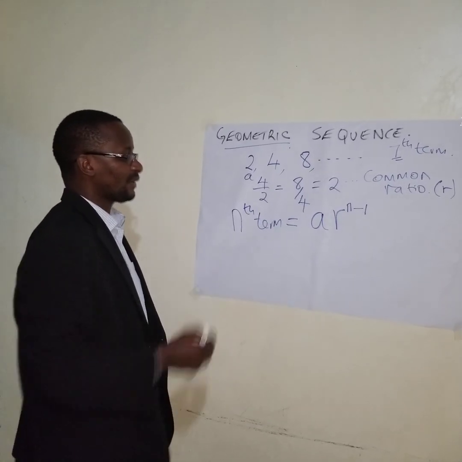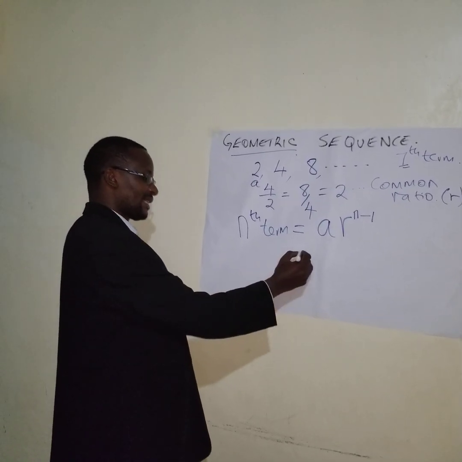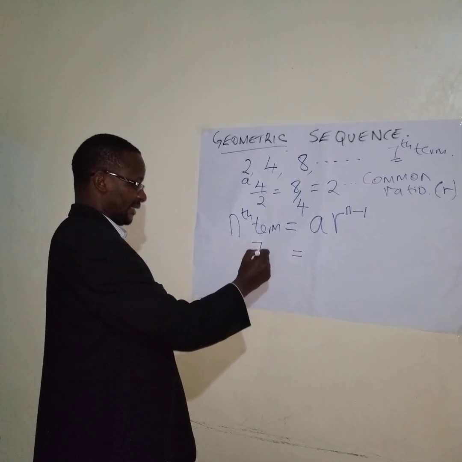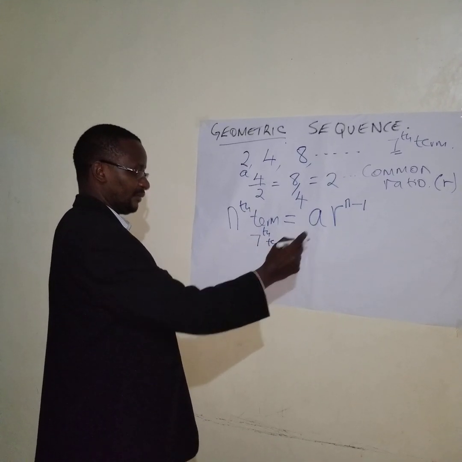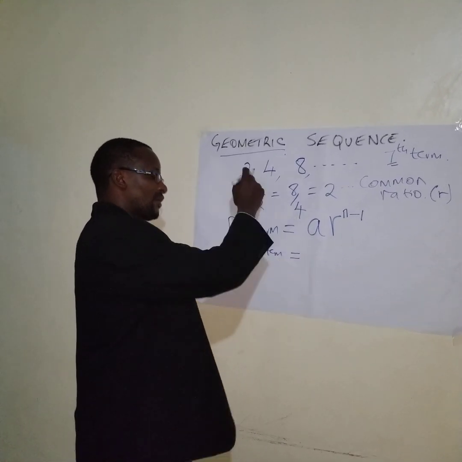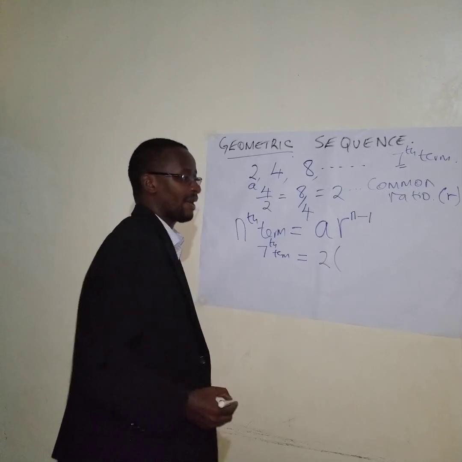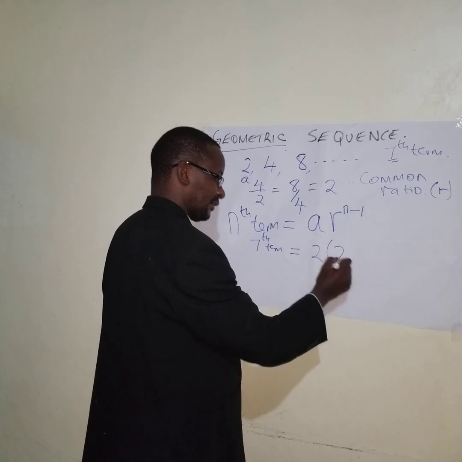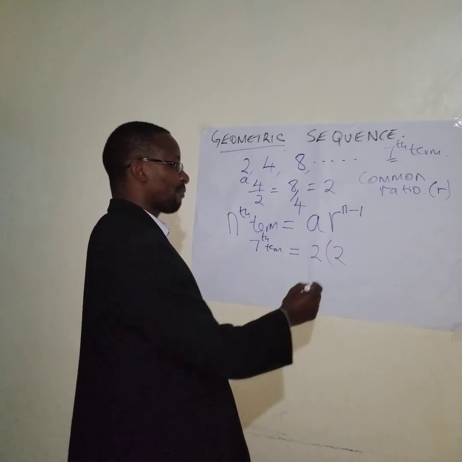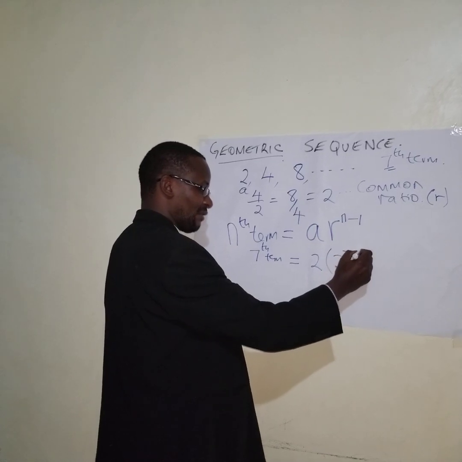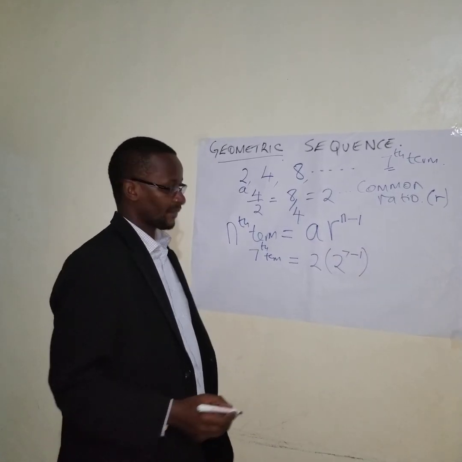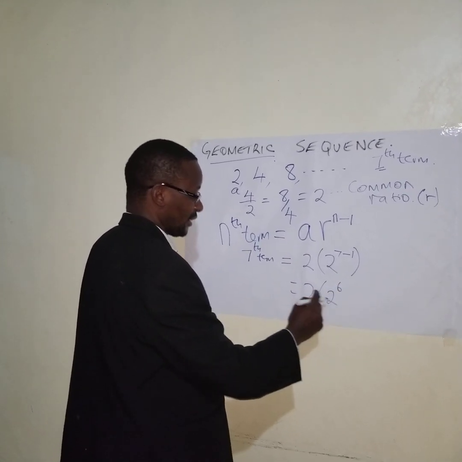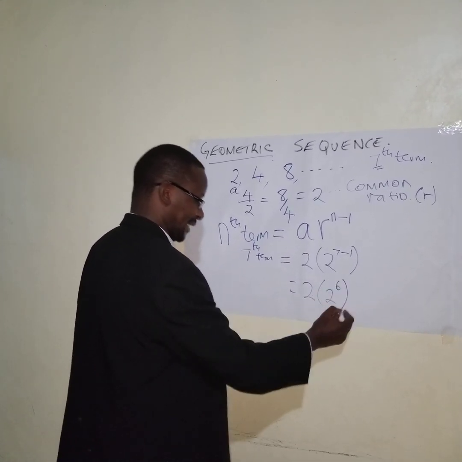So if you are looking for the 7th term here, it's going to be A, which is 2, multiplied by R, which is 2, raised to power n. N is 7, and then you subtract 1 from the power. So this will be 2 raised to power 2 multiplied by 2 raised to power 6.